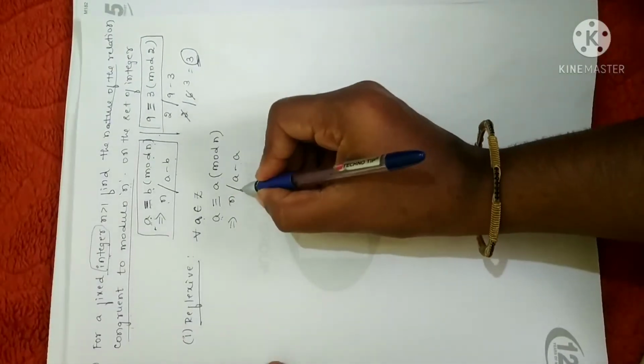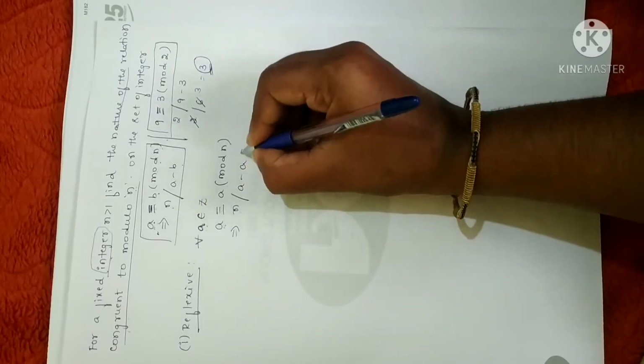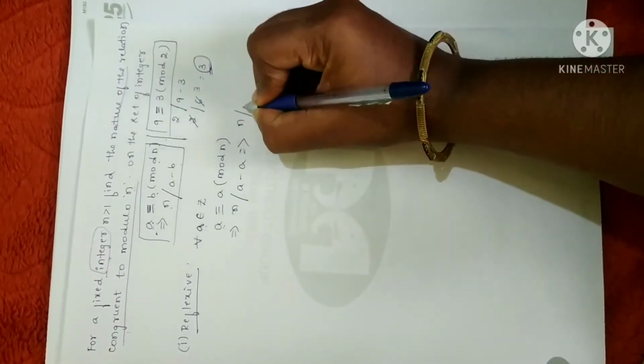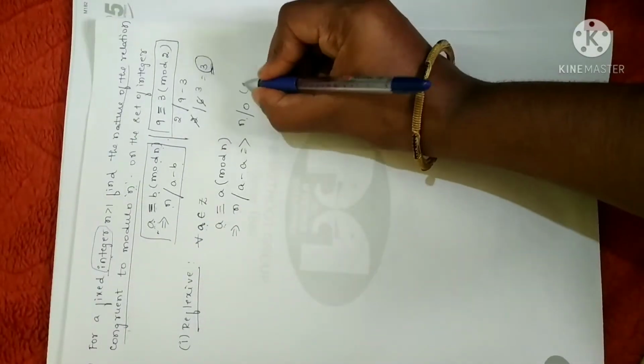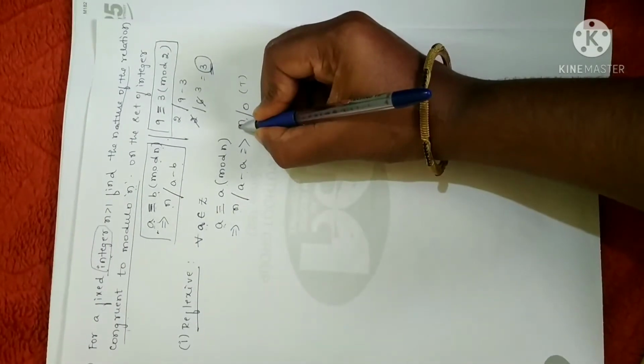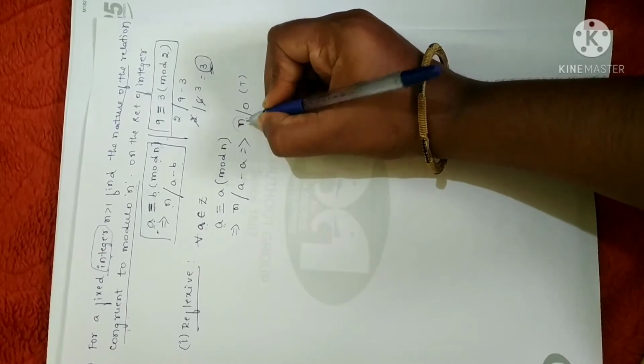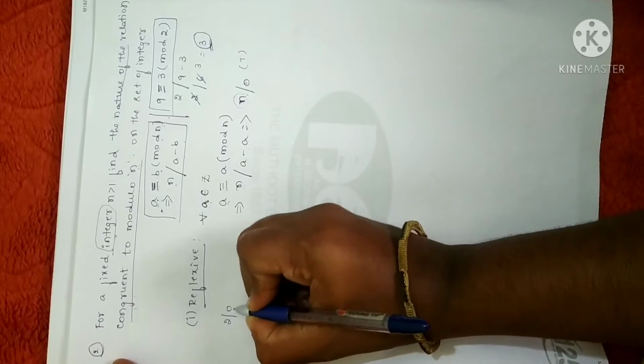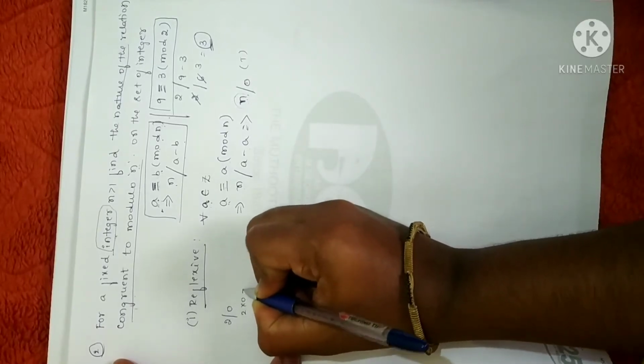Now, how can we verify that this condition is satisfied or not? A minus A is 0, and n divides 0. Obviously, this relation is true, because whatever value you give to n, it will divide 0. For example, 2 divides 0, since 2 into 0 is 0.